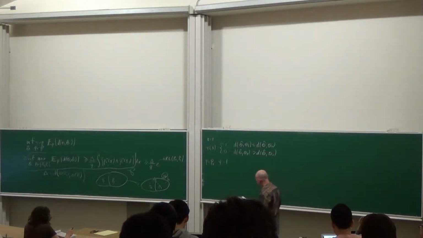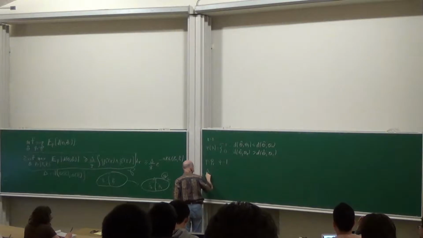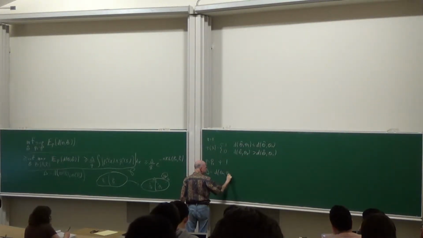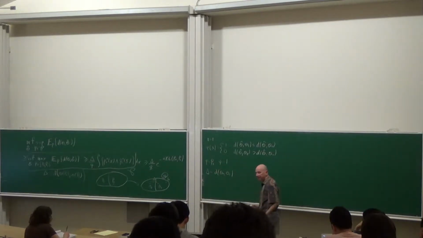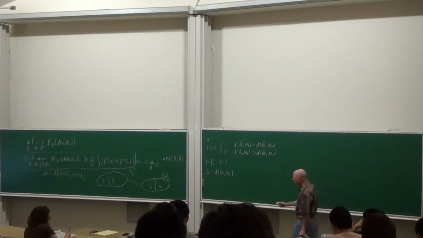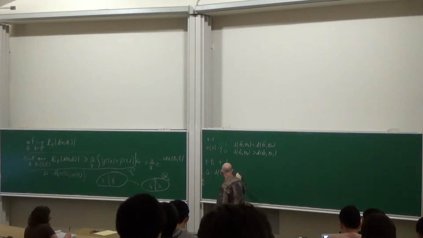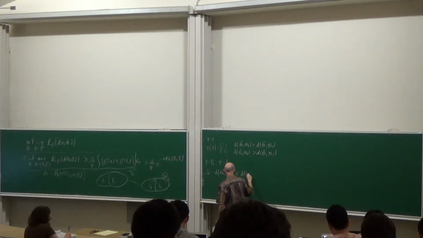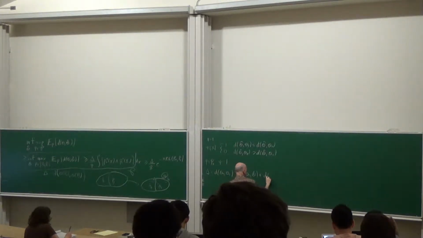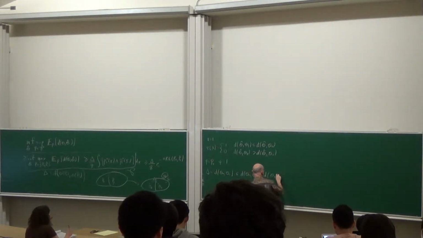Then let's look at delta. By the definition of delta, now I'm just going to do the triangle inequality and put theta hat in here. So this is less than or equal to the distance between theta 0 and theta hat, plus the distance between theta 1 and theta hat.